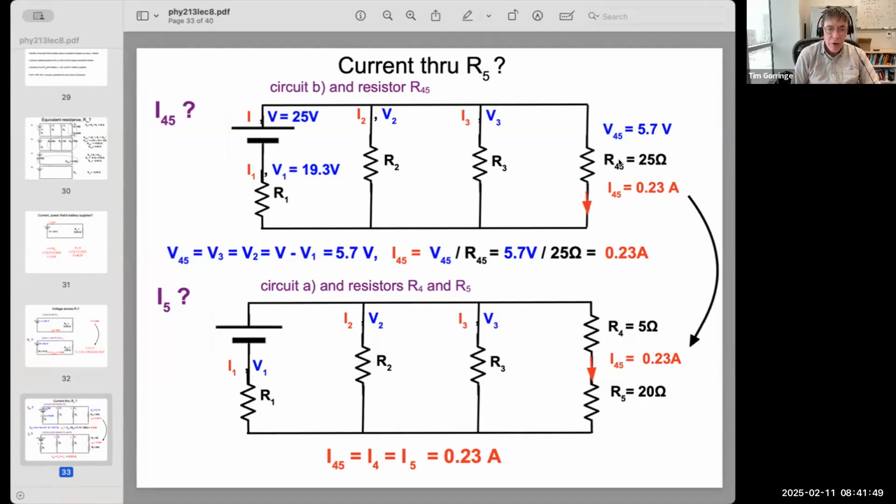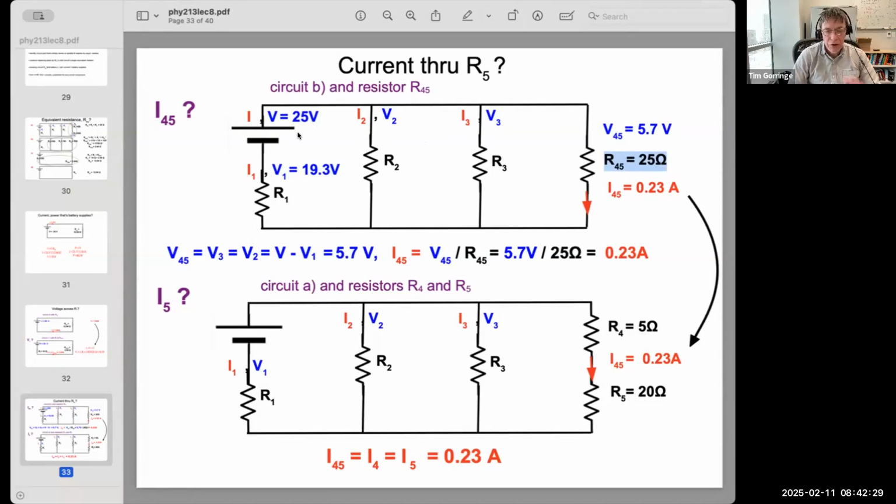And so the problem of finding the current through R5 can actually be reframed as finding the current through R45. And we're going to work with that circuit rather than the circuit containing the separate resistors R4 and R5. So our new task is to find the current through this resistor R45 with 25 ohms.